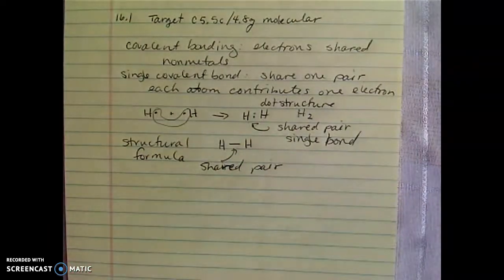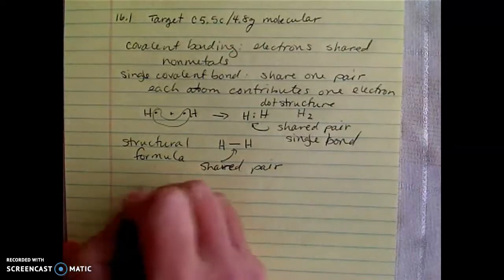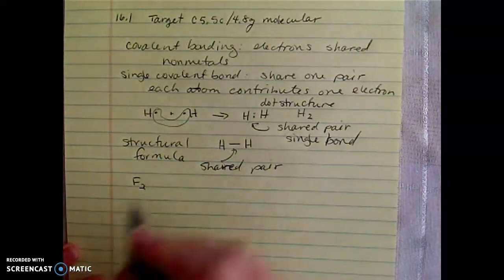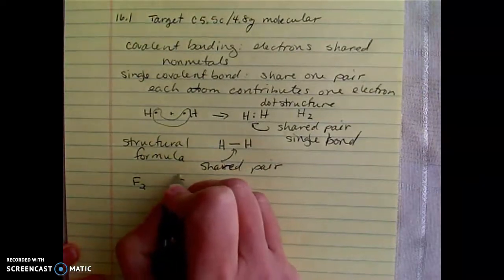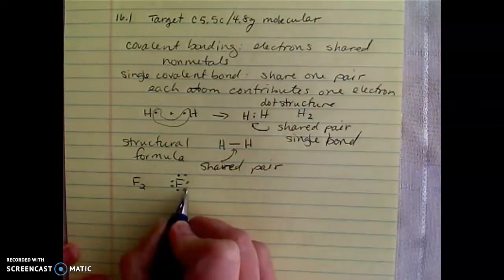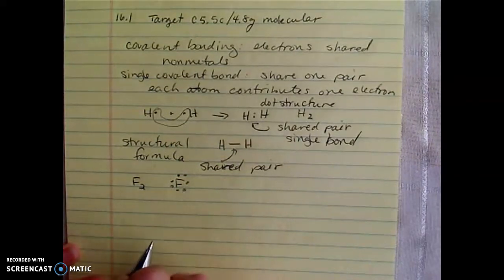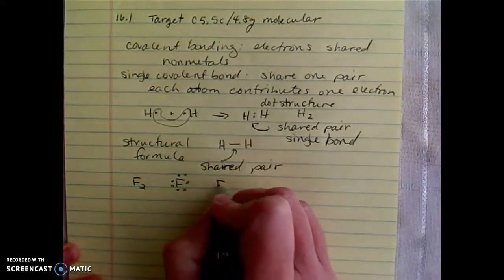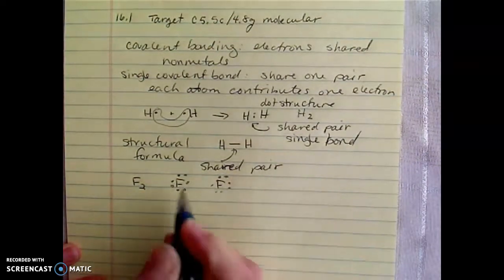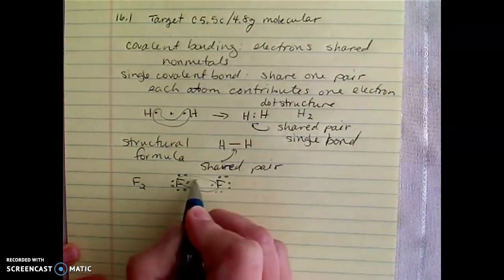Let's do another example where you see a single bond. Let's look at fluorine. We know fluorine is also diatomic. If you look at its original structure, it has 7 valence electrons, and you can see it needs one more right there to have its 8. So it will react with another fluorine right here. And so what's going to happen is here's where they're going to share.